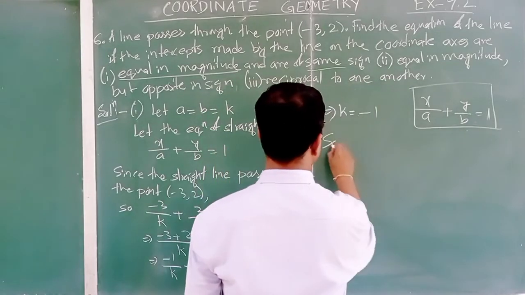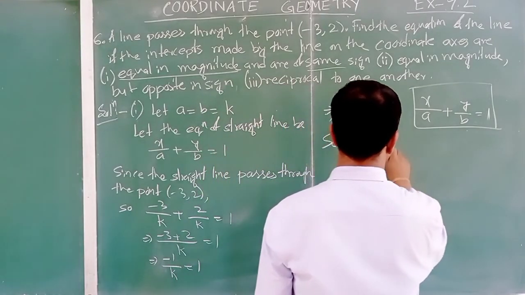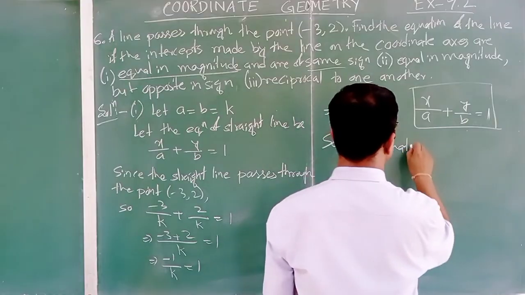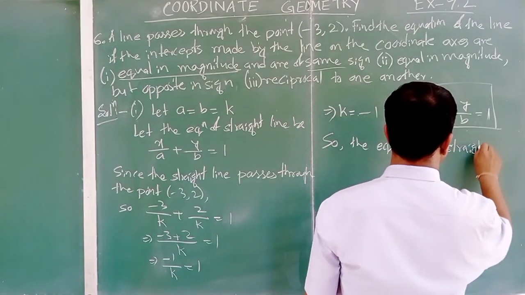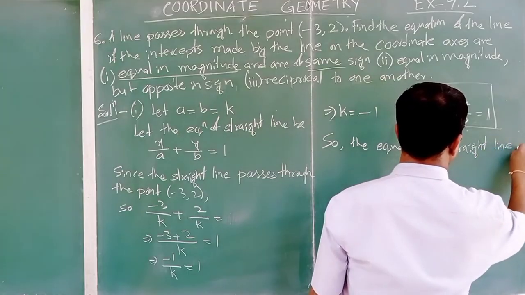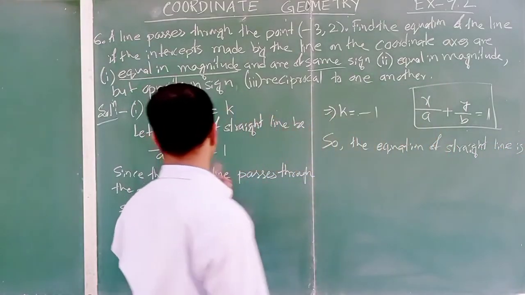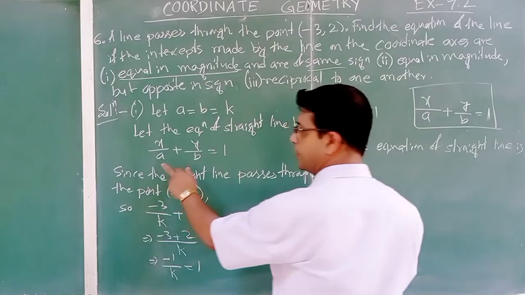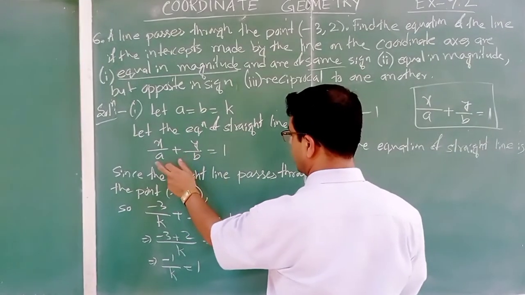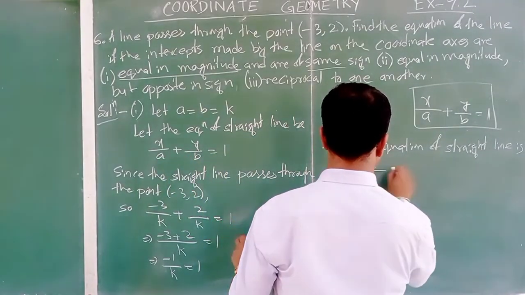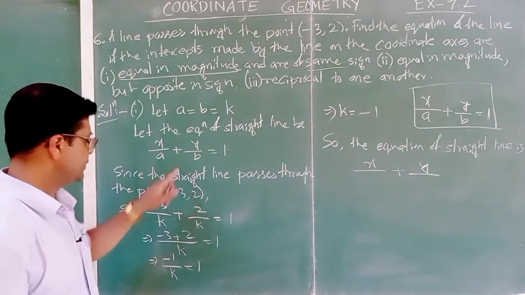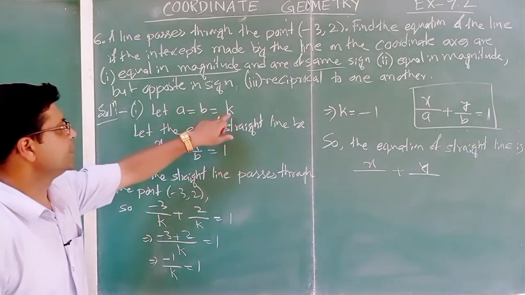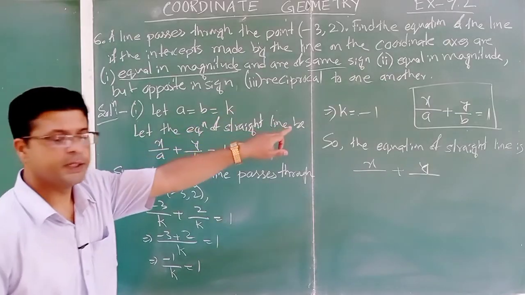So the equation of the straight line is, let us substitute the values of x, y, a and b here. a and b both are equal to k, and the value of k is -1.